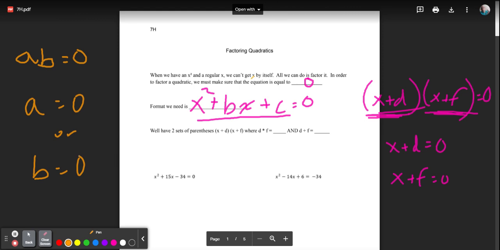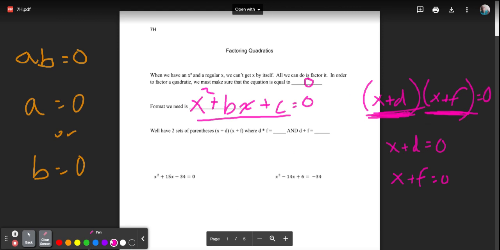The same thing applies over here. We're going to end up with two parentheses that multiply to 0, so one of these parentheses, x plus d or x plus f, has to equal 0.